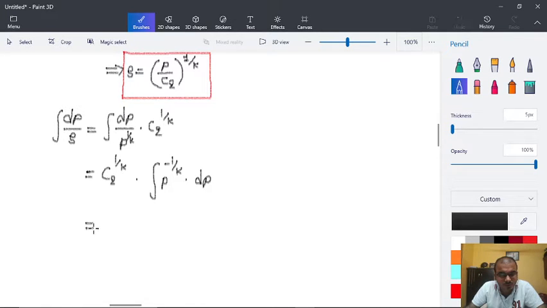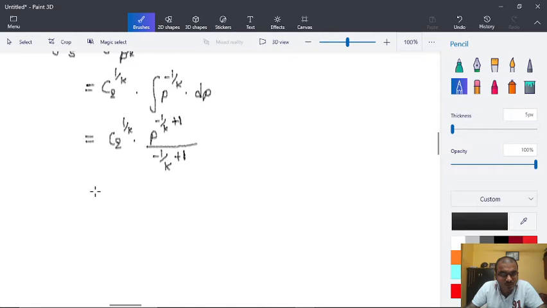So this is equal to c2 raised to 1 over k into p raised to minus 1 over k plus 1, divided by minus 1 upon k plus 1, which is c2 raised to 1 over k into p raised to k minus 1 upon k, divided by k minus 1 upon k.